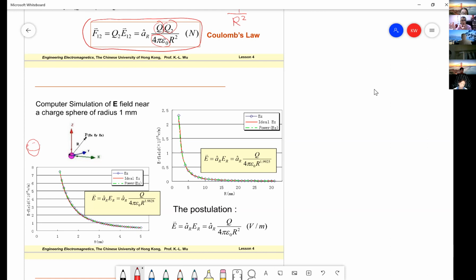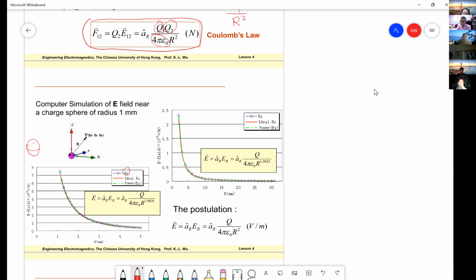Then I do three things. I calculate the electrical field along the z-axis. Because this is a sphere, it is equal along any direction, so I just arbitrarily pick a convenient direction. This is Ez, what I calculate.